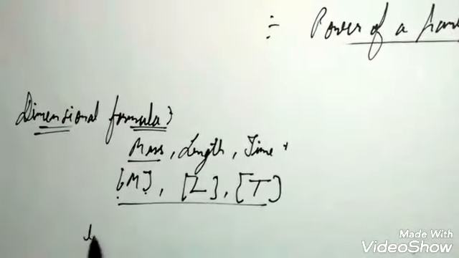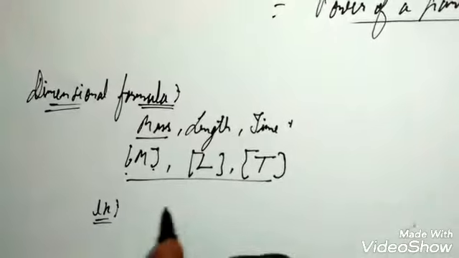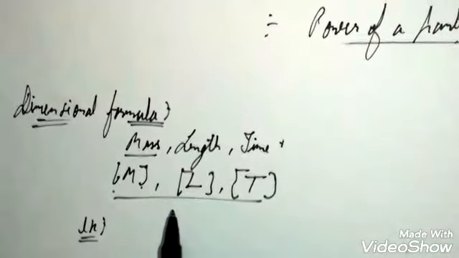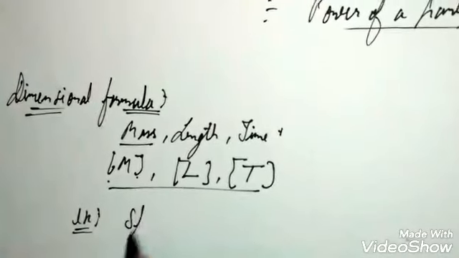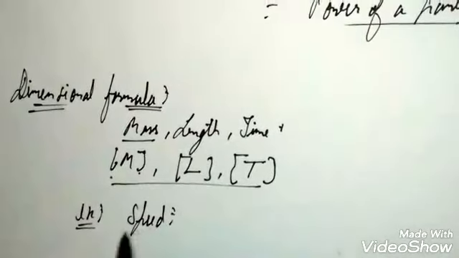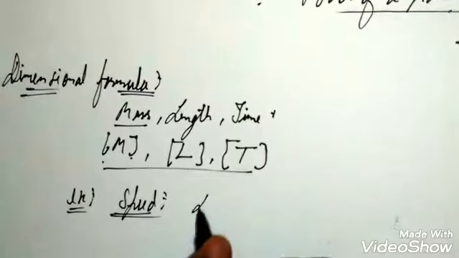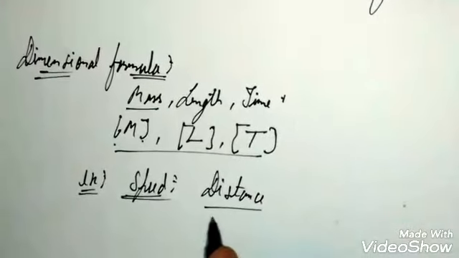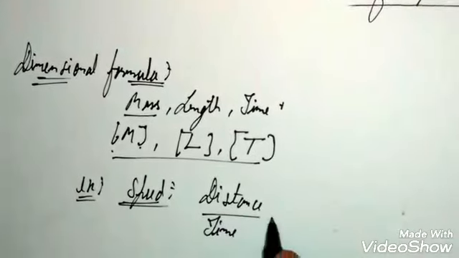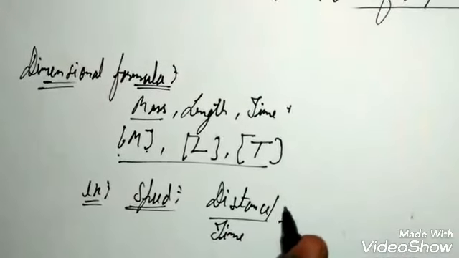Let's take an example. We want to find the dimensional formula of speed. As you all know, speed is distance per unit time. Distance, or we can say length.